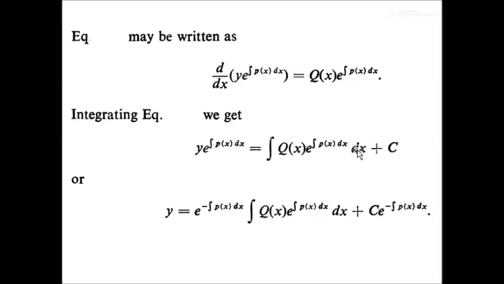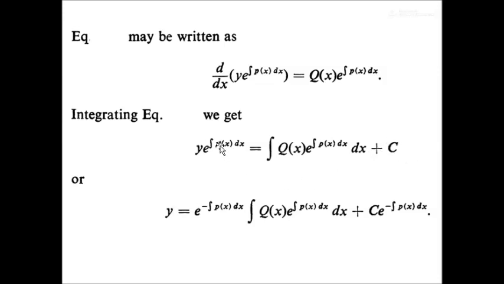So finally I can write left hand side as d by dx of y e to the power integration p(x) dx, and this will be equal to q(x) e to the power integration p(x) dx. Now we can get, after integrating, y e to the power integration p(x) dx, this will be equal to integration q(x) e to the power integration p(x) dx into dx plus a constant.